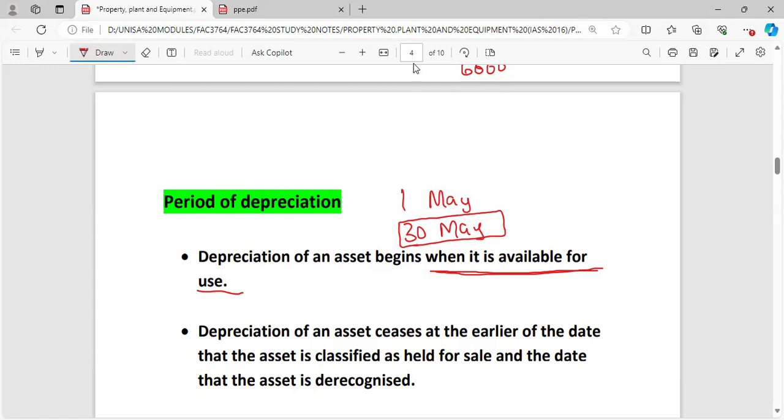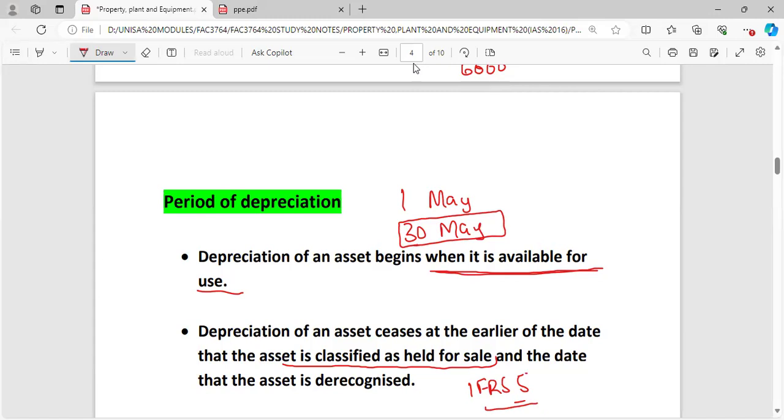Then you can only stop depreciation when the asset, you will see when we do International Financial Reporting Standard 5 for assets classified as held for sale, you may see that a PPE asset can be transferred to assets held for sale. So that time when the asset is transferred to assets held for sale, based on International Financial Reporting Standard 5, then it means you should now stop to depreciate that asset.